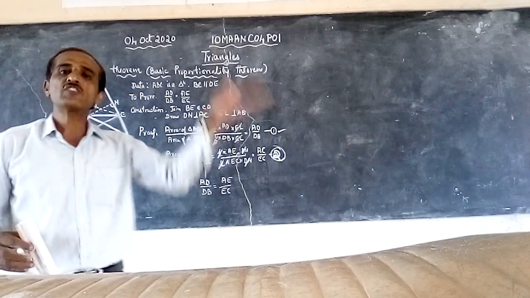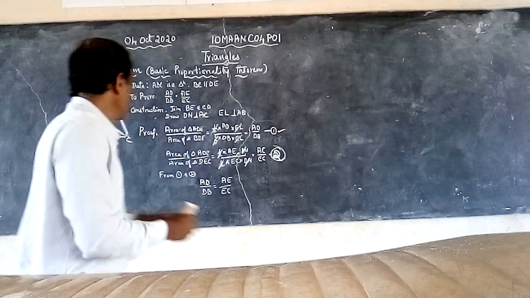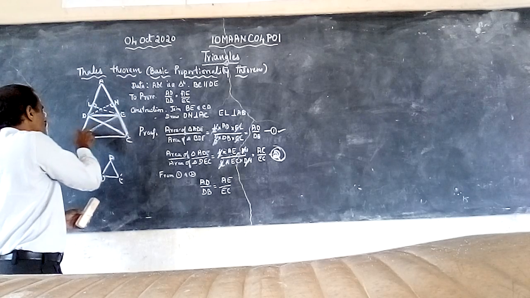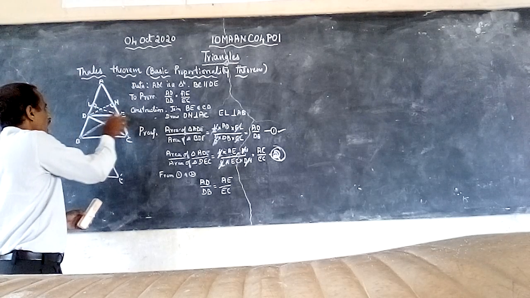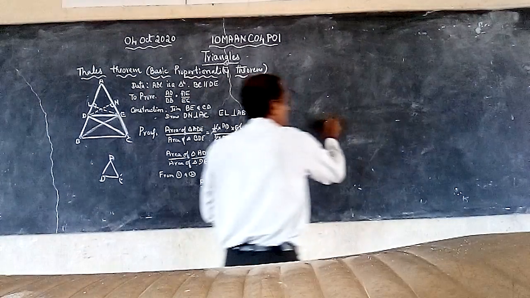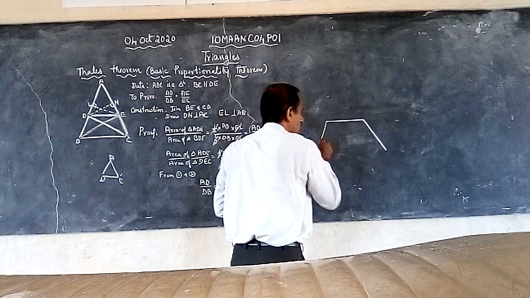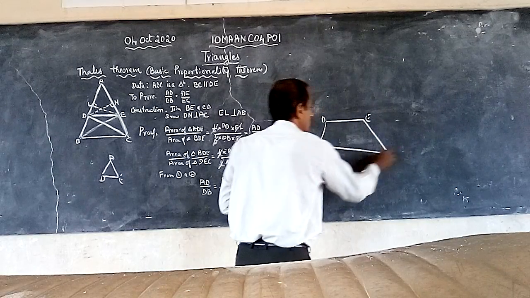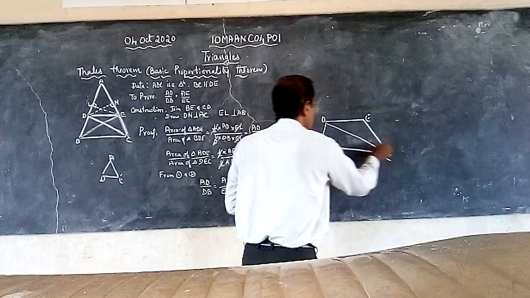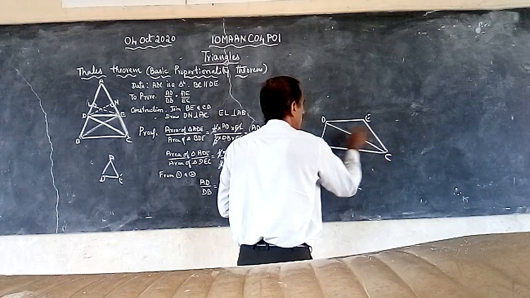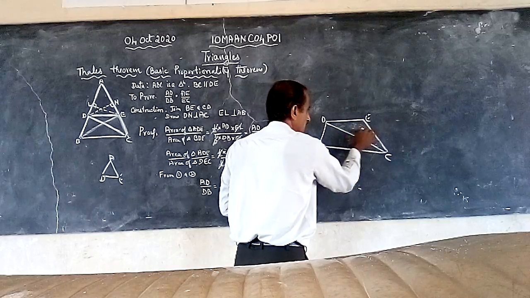Now, in previous classes you have studied, can you take the area of triangle DBE and DEC are equal? Area of the triangle DBE and DEC are equal. See, DE is parallel to BC, like this. See here, this triangle.